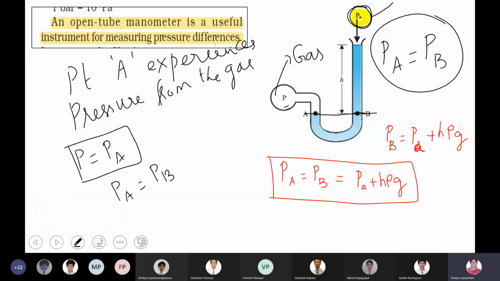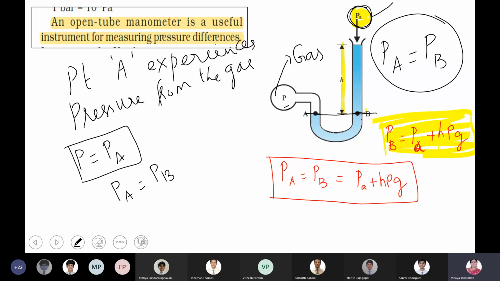The atmosphere is exerting a pressure, plus there is a liquid column above the point B, which is of height h, right? So a liquid column of height h exerts a pressure at point B in addition to your atmospheric pressure. So the pressure at point B will be equal to the atmospheric pressure plus the pressure exerted by the liquid column of height h.